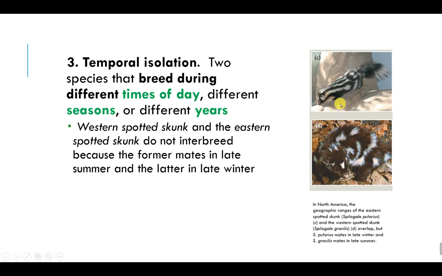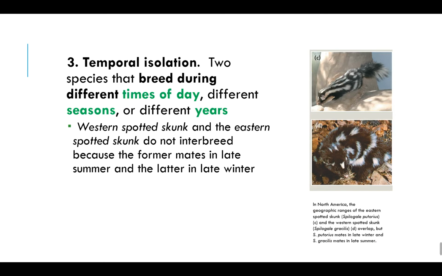In this example of these 2 skunks, they do not interbreed because one of the species breeds in summer, the other one in late winter. So there is no gene flow between these 2 species, and you can maintain these 2 species.